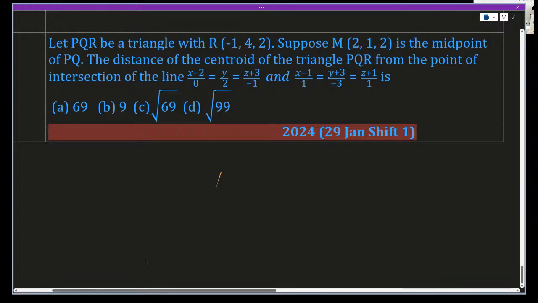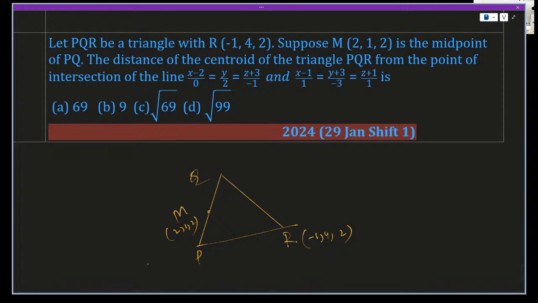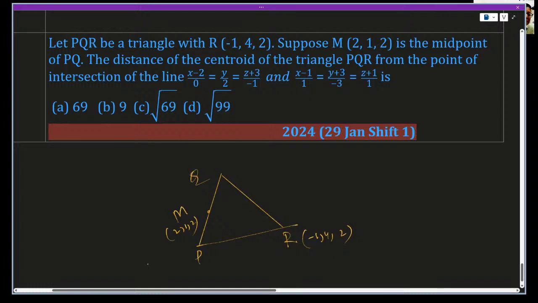PQR is a triangle with given R. M is the midpoint. 2, 1, 2. You have to find the distance of the centroid of triangle PQR from the point. So same question. Then why is it a JEE question?